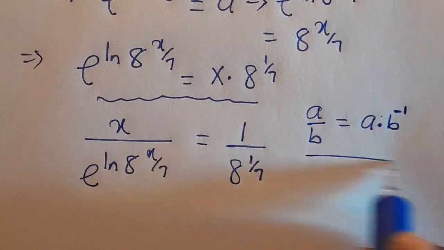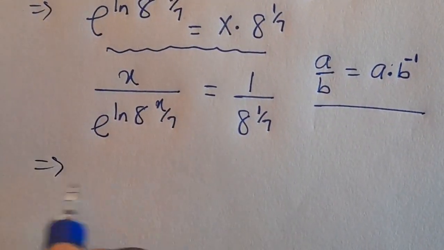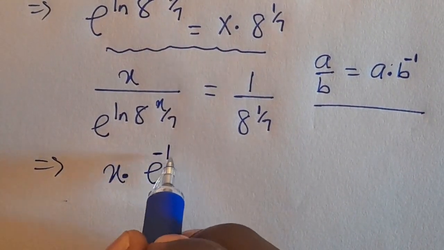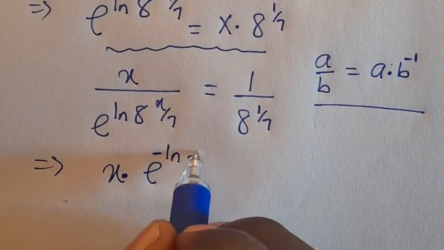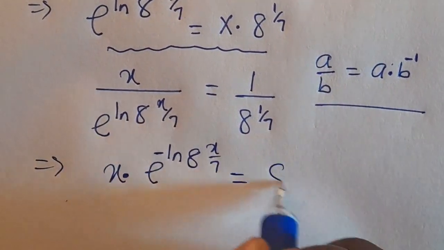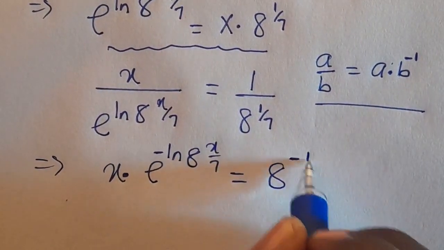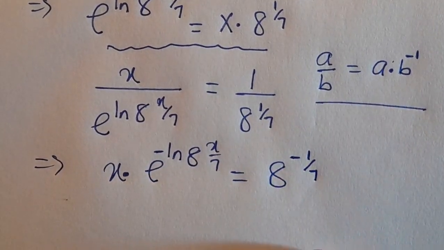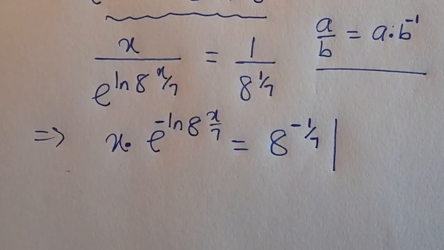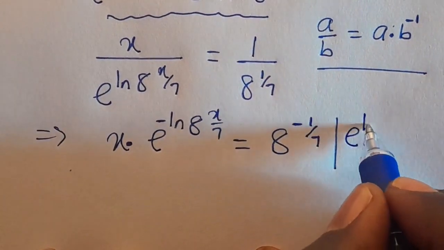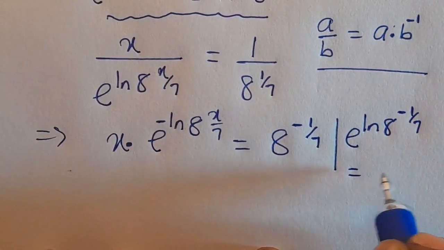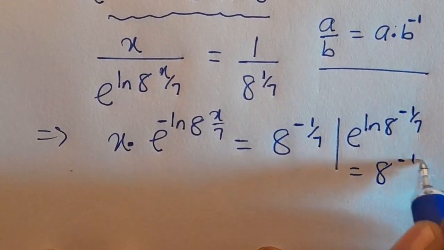So by applying this expression here, we are going to have this as our x, multiplied by e to the power of minus ln of 8 to the power of x divided by 7, then equals, this also we can have it to be 8 to the power of minus 1 divided by 7. And we have to recall again that when you have e to the power of ln of 8 to the power of minus 1 divided by 7, this will also give us 8 to the power of minus 1 divided by 7.